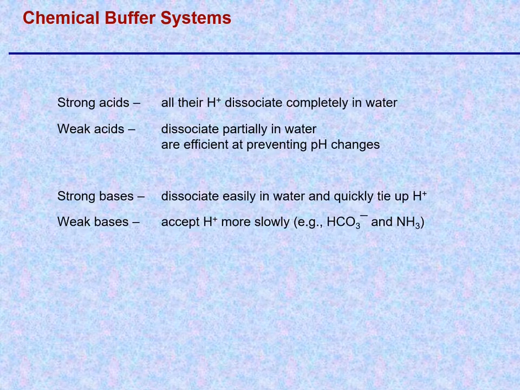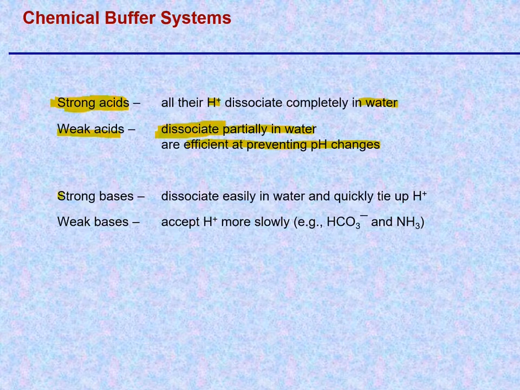I remind you that strong acids are called strong because all the hydrogen ions associated with them will completely dissociate when these compounds are in solution in water. Weak acids, on the other hand, will only partially dissociate their hydrogen ions, and therefore are pretty good at preventing major shifts in pH.